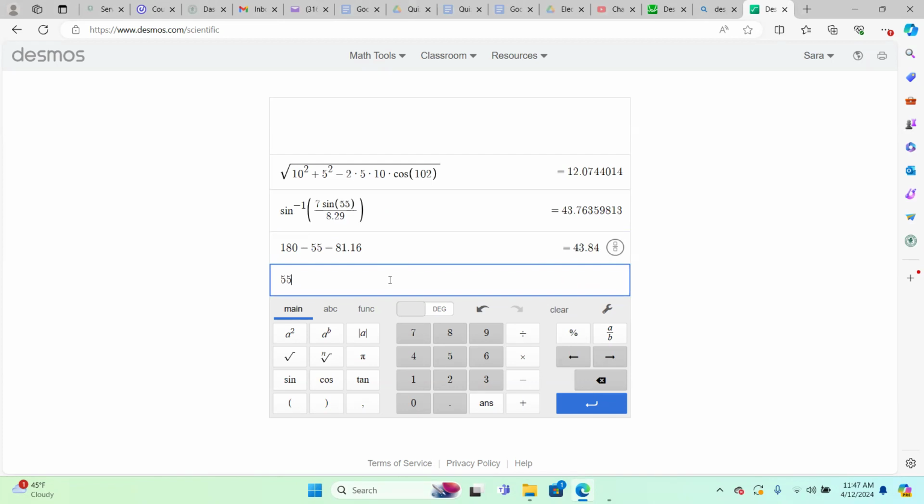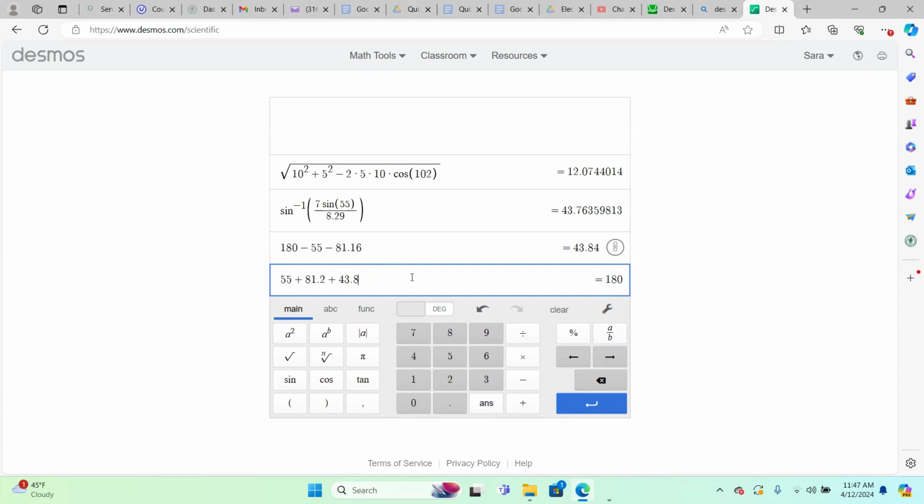So we were given 55 and we calculated B to be 81.16 plus 43.76. It rounds to 180. So we could maybe round 81.16 to 81.2, and then we would round 43.76 to 43.8.